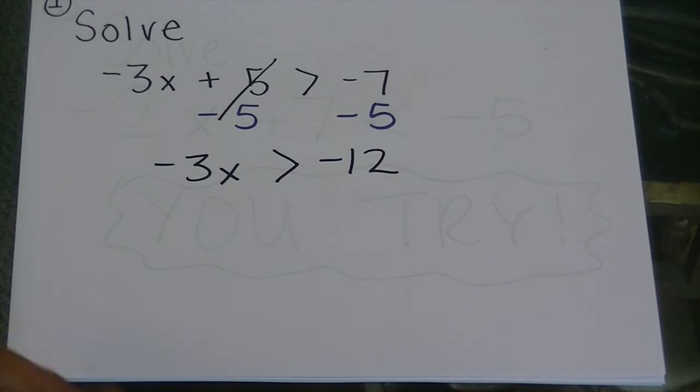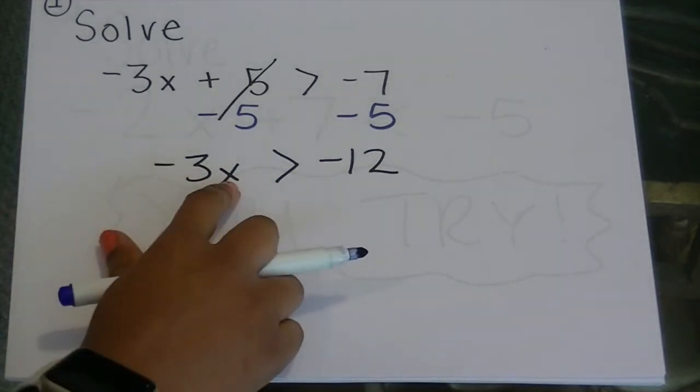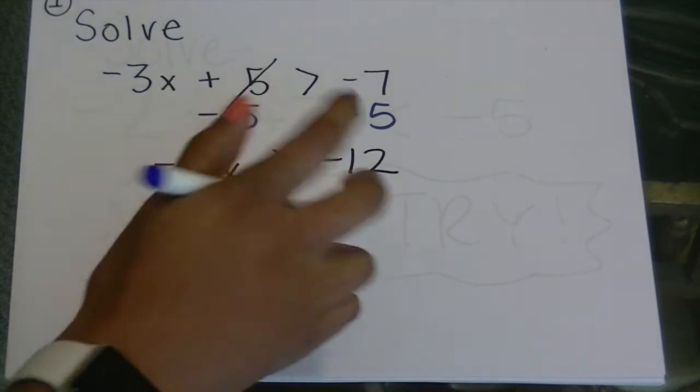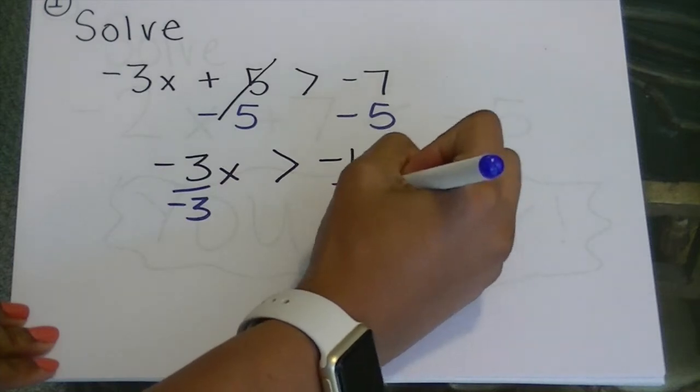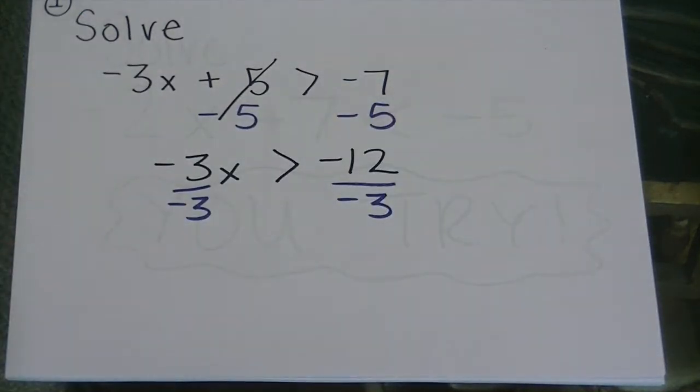Now the next step when I'm solving this is the objective is to get x by itself, so I have to divide by negative 3. This is a really great example problem because there's one caveat to solving linear inequalities.